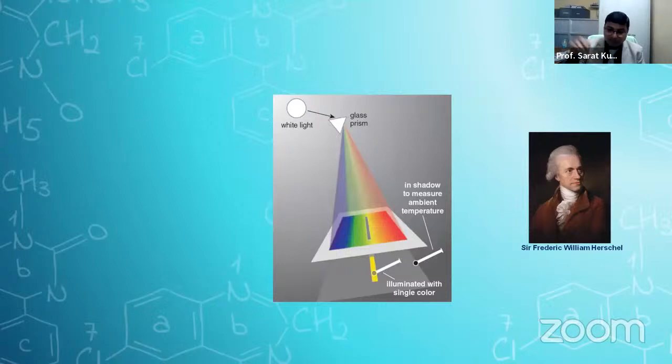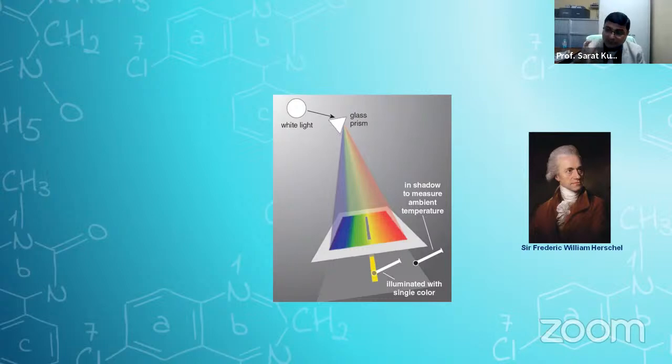He put different thermometers, and suddenly he put another thermometer just beyond the visible region near the red. He found the thermometer giving more heat compared to the visible light. Then suddenly he was surprised and excited to write a paper, which was published in the Royal Society of Chemistry. He didn't yet call it infrared spectroscopy.